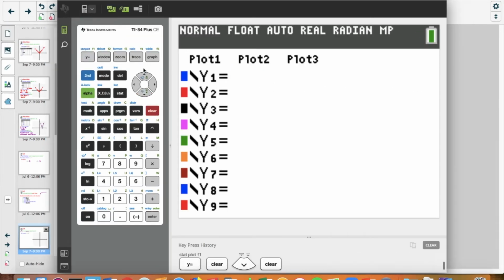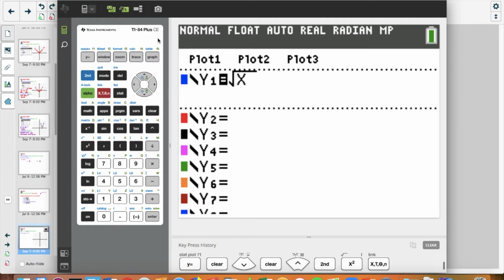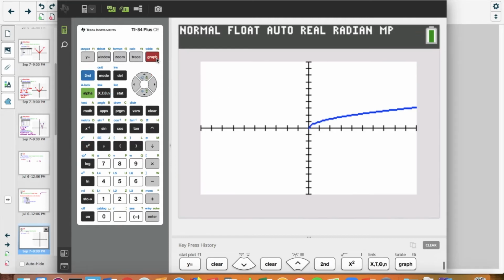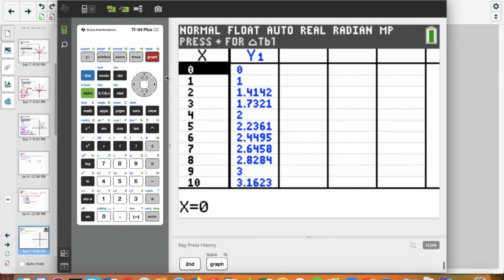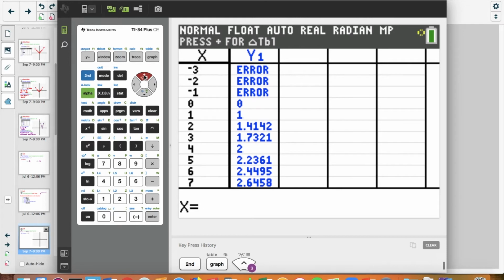So I'm going to clear everything out. Then I'm going to type second square root of x. Press the graph to show the shape that it's going to look like. Now let's get the actual points here. But now, there's a lot of weird stuff going on here. We have some errors, we have some decimals. What you only want to look at is where the first error starts.